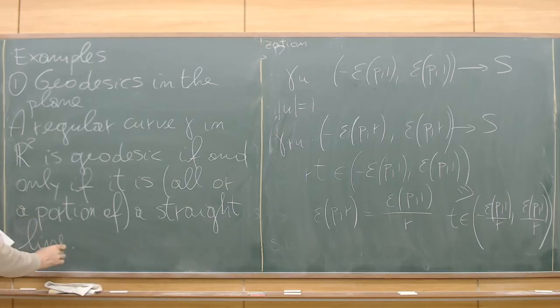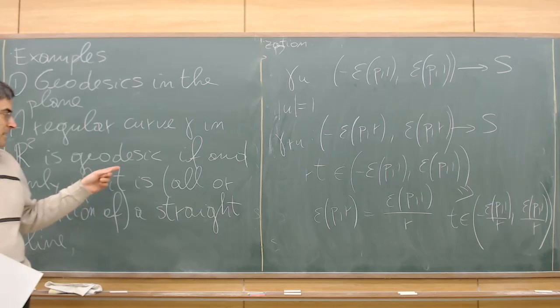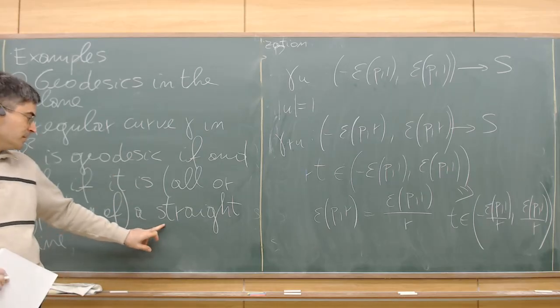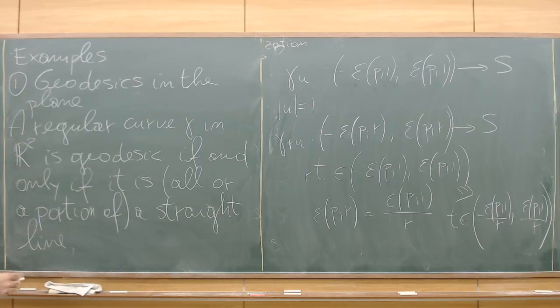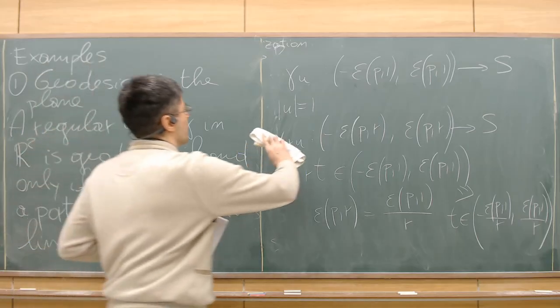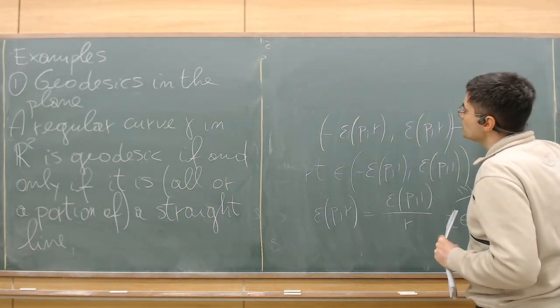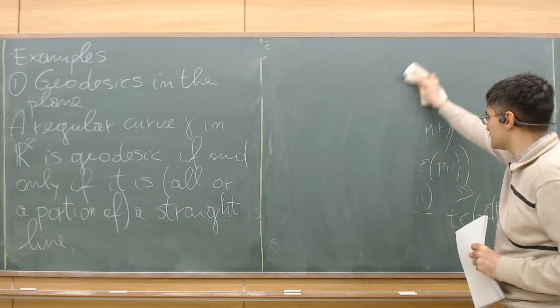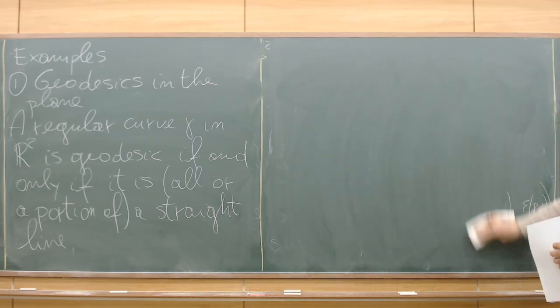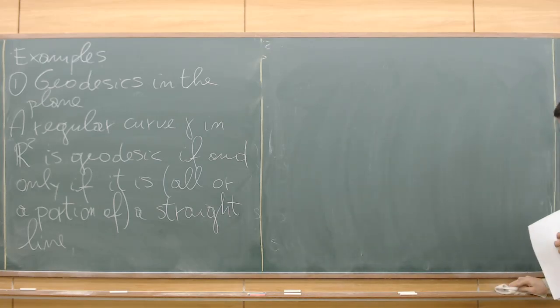And remember what we said before, it's not enough to be a straight line because we have to be sure that the acceleration vector satisfies some conditions.